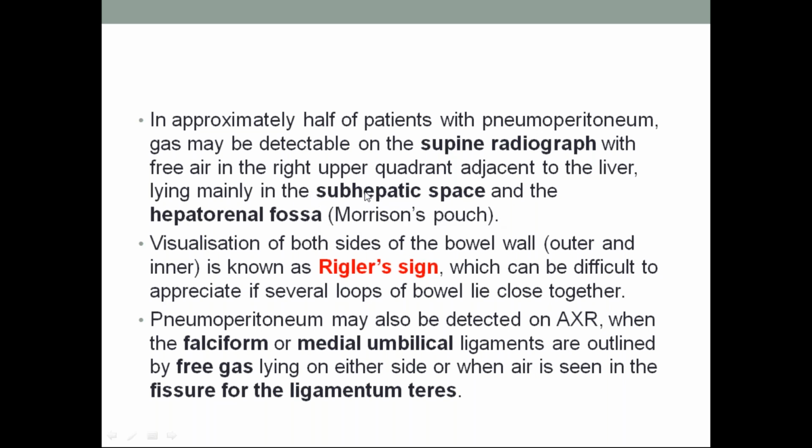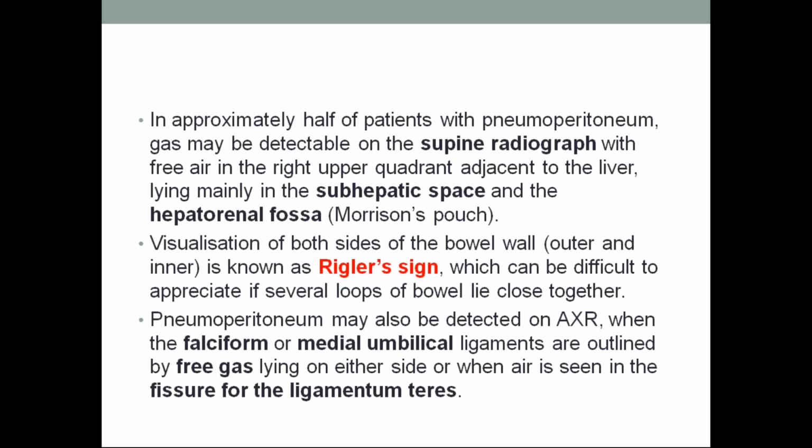Lying mainly in the subhepatic space and hepatorenal fossa. These two are very important. And after that, visualization of both sides of the bowel wall, outer and inner, is known as the Rigler sign. What does the Rigler sign mean? Visualization of both sides of a bowel wall, outer and inner. Normally we find gas inside the bowel wall, and due to perforation the gas will leak into the peritoneal cavity, and we will find gas outside also.